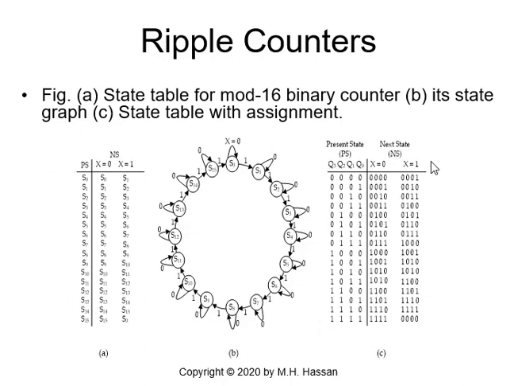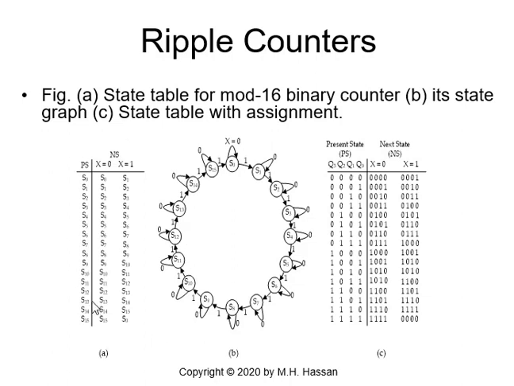Now this table is with the binary state assignment. If we assume S0 to be 0, 0, 0, 0, then with X equal to 0 it will remain as 0, 0, 0, 0. With X equal to 1, we will go to 0, 0, 0, 1, and so on and so forth. So this shows how the state graph and the state table are derived for this simple ripple counter.